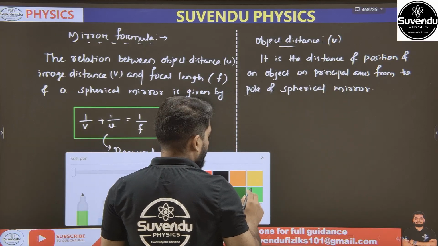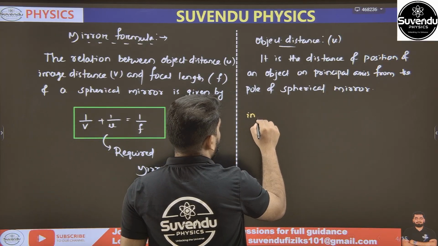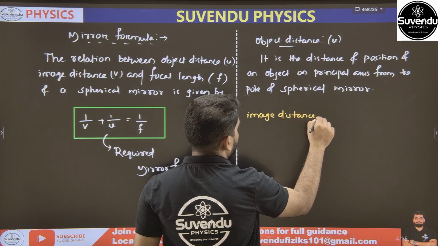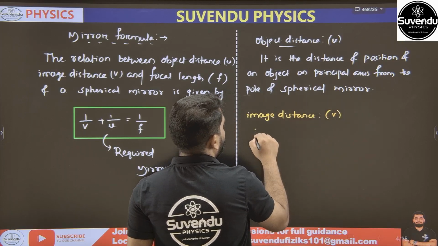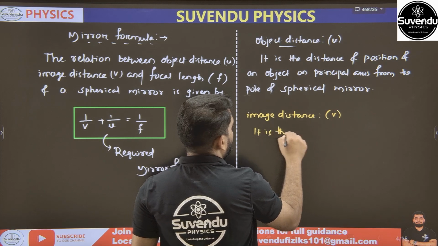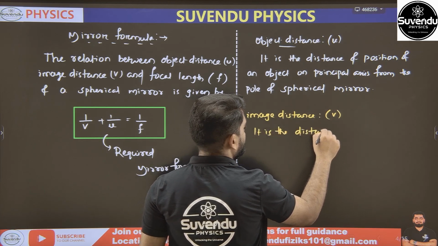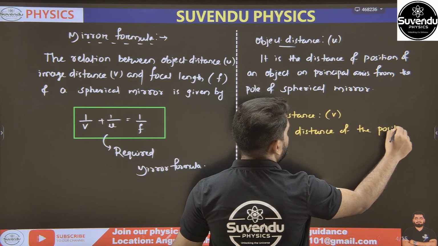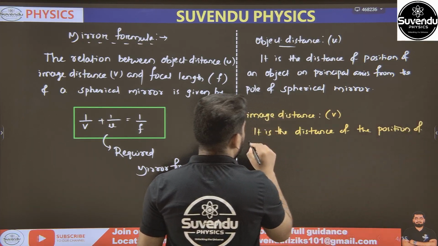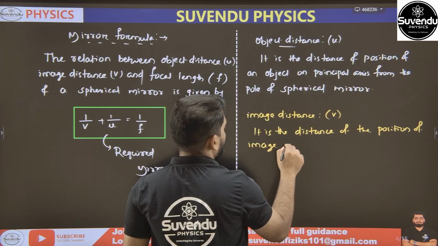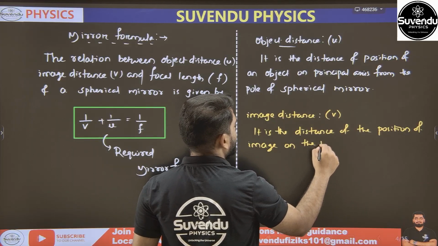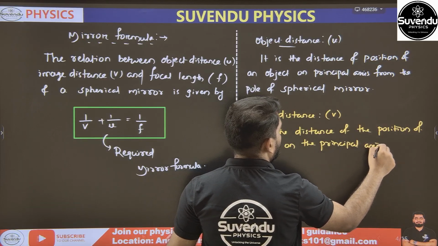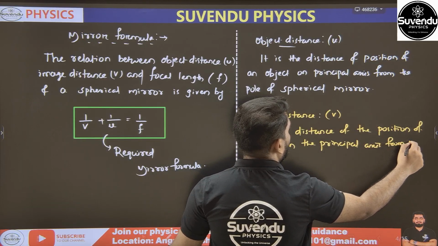Then the next term is image distance. Same as previous, we can write it as v. It is the distance of the position of the image on the principal axis from the pole of the spherical mirror.